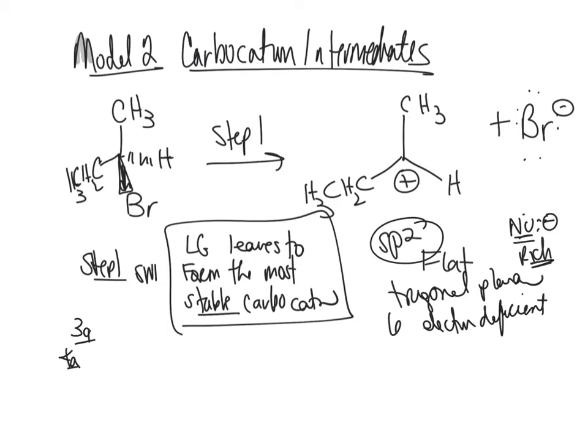4A. Rank the following carbocations from the most stable to the least stable. Recall that the alkyl groups are electron donating. So the first one, let's go ahead and write these out.